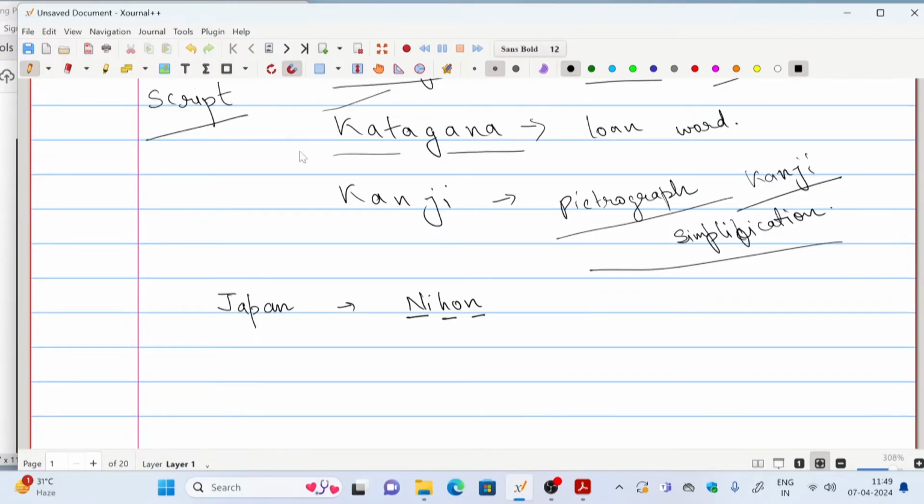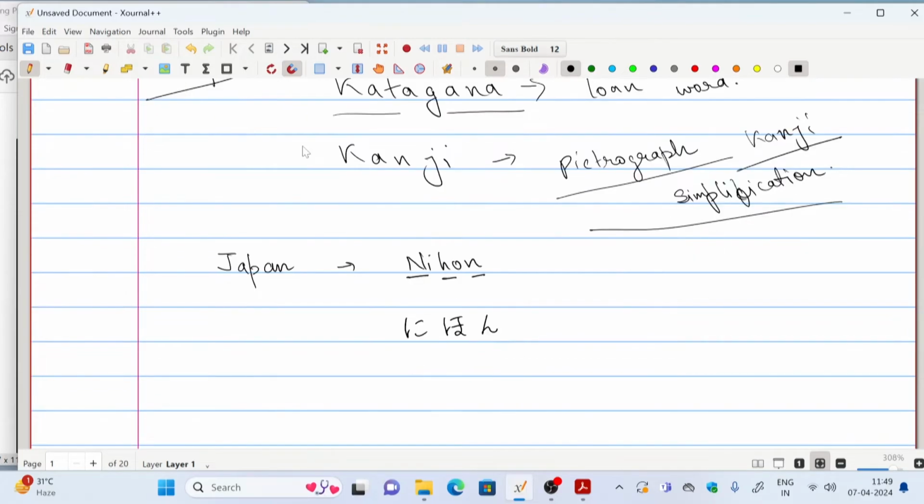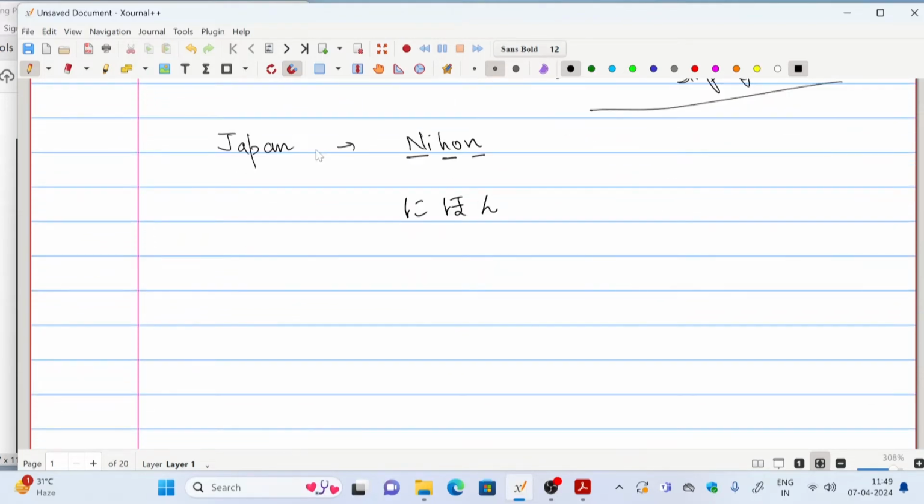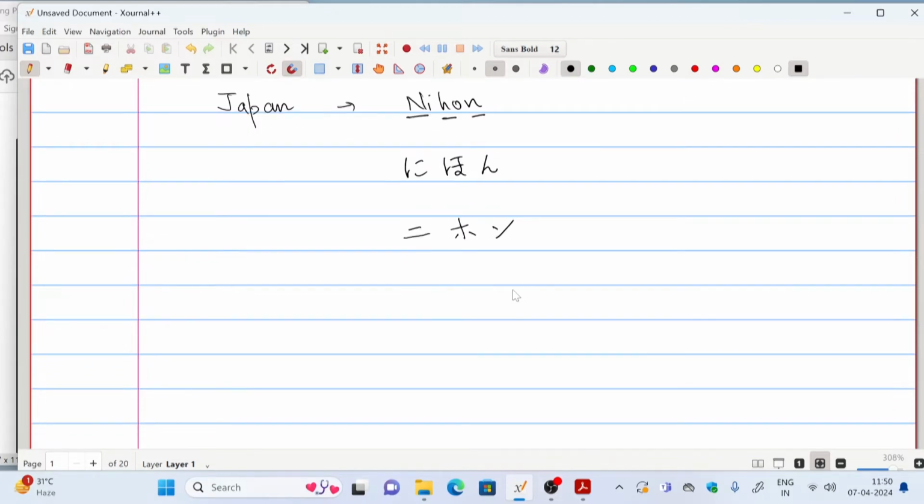If we write that in Hiragana, it will be like this. If we write the same in Katakana, it will be like this. But if we write the same in Kanji, it will be like this.